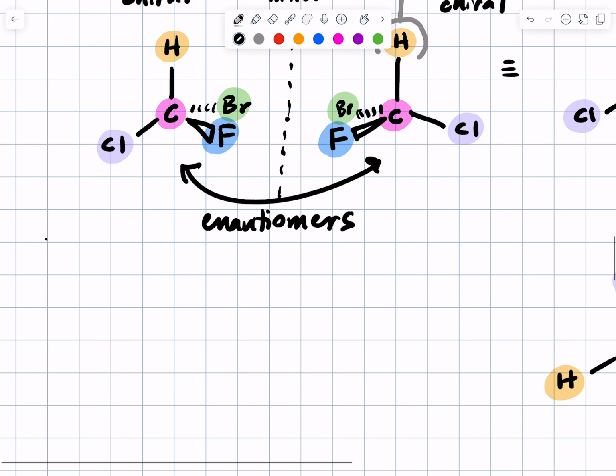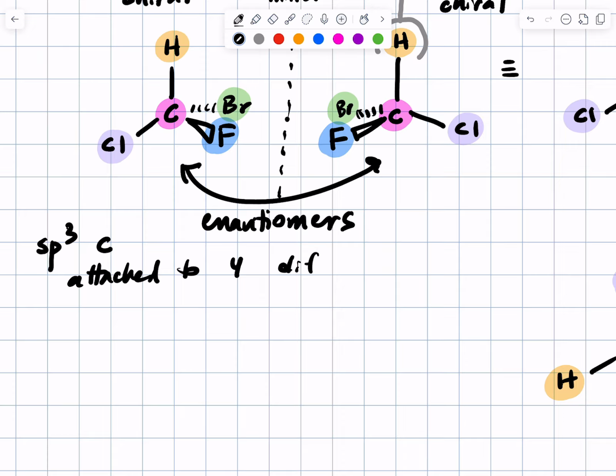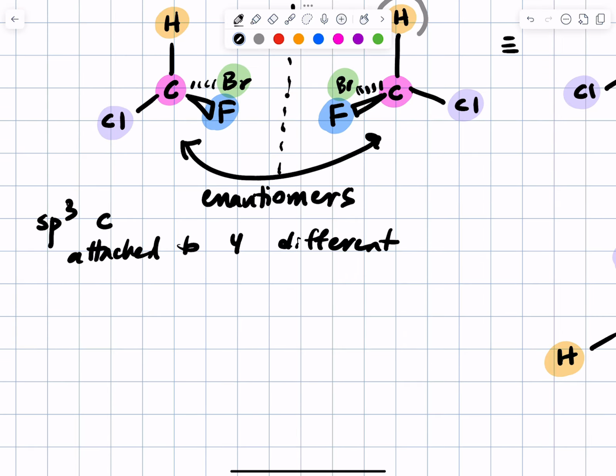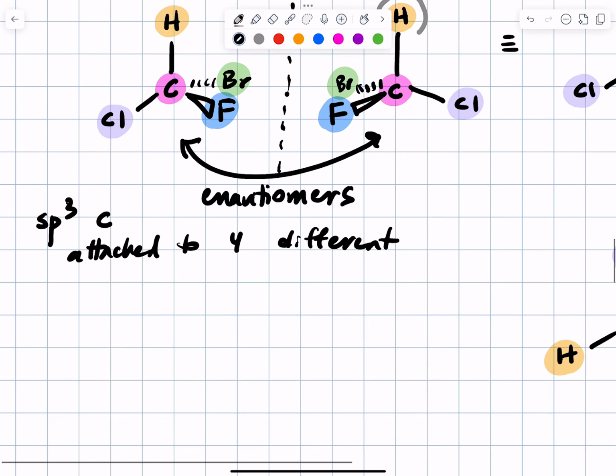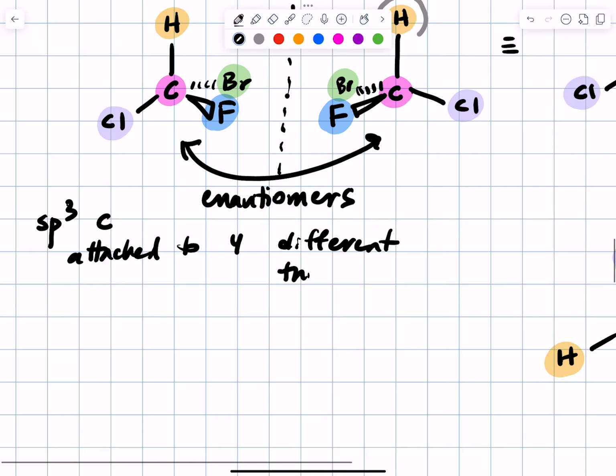A stereocenter is an sp3 hybridized carbon attached to 4 different things. The actual definition is a little bit more broad than that, but for now, that's going to be okay. An sp3 hybridized carbon attached to 4 different things is a stereocenter.